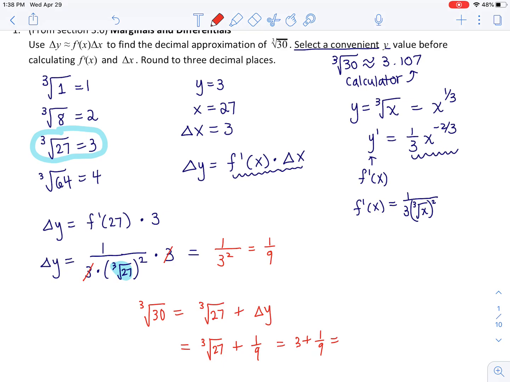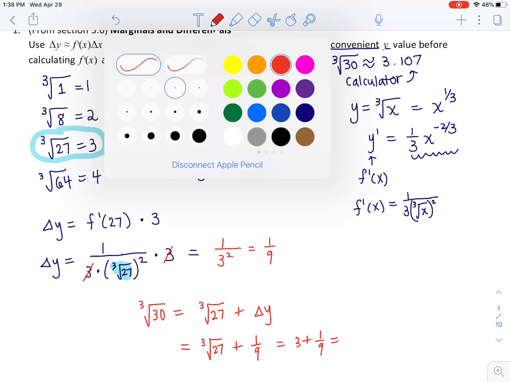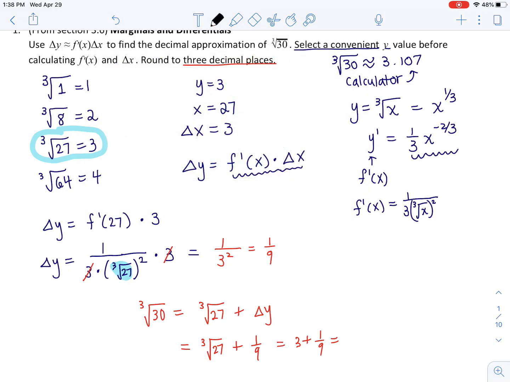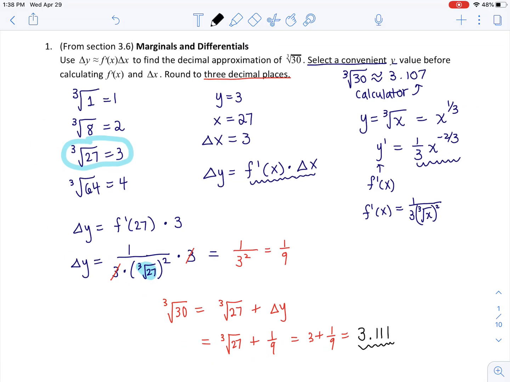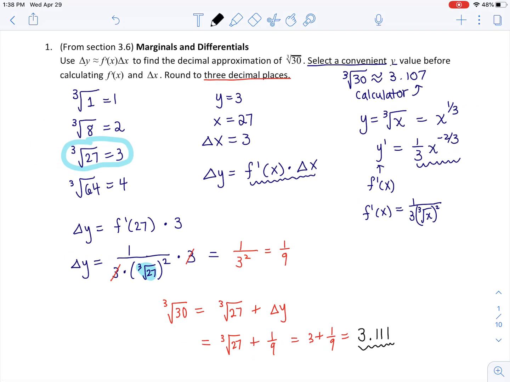So if you want to now give them the decimal, 1/9 is 0.111111. The decimal approximation, I want you to round to 3 decimal places, right? So our decimal approximation is going to be 3.111, and that is the answer that I typed up for you on the answer key.